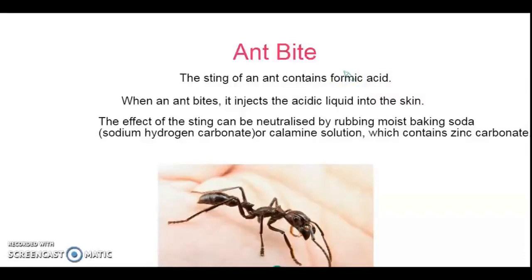Yes, you will apply a basic substance. So you can apply moist baking soda, or you can apply calamine solution. This calamine solution contains zinc carbonate, which is basic in nature. So what will this do? This basic solution will neutralize the acid effect.